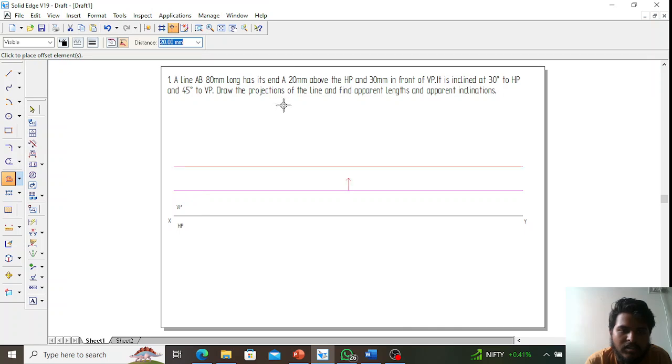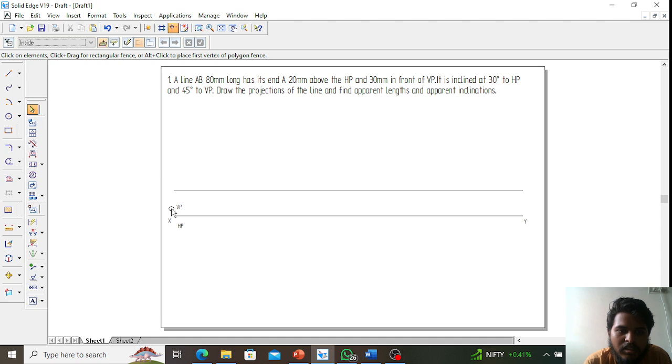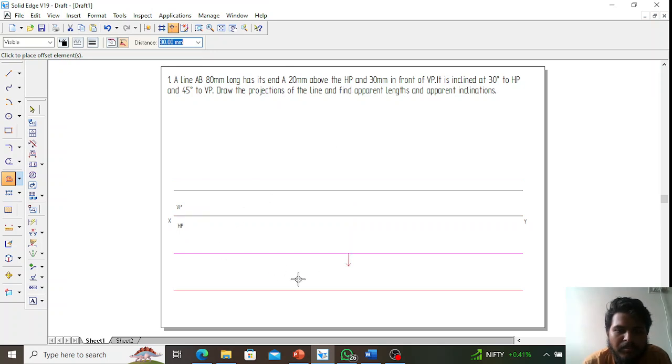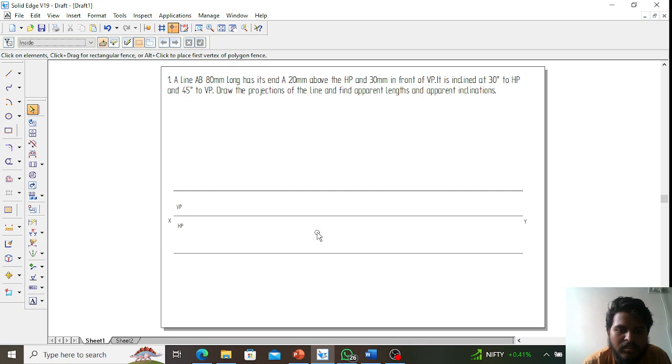This is the 20 mm line above HP, and again select offset, select this line and enter 30. So this is the 30 mm line in front of VP. Done.